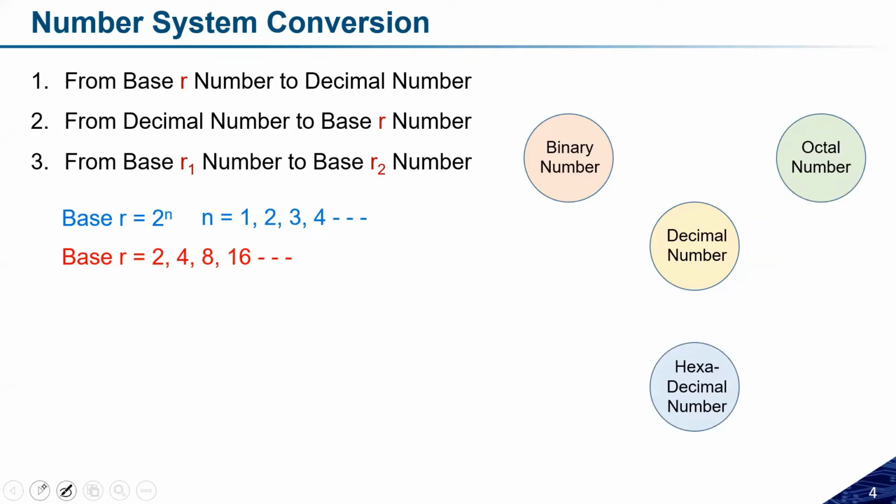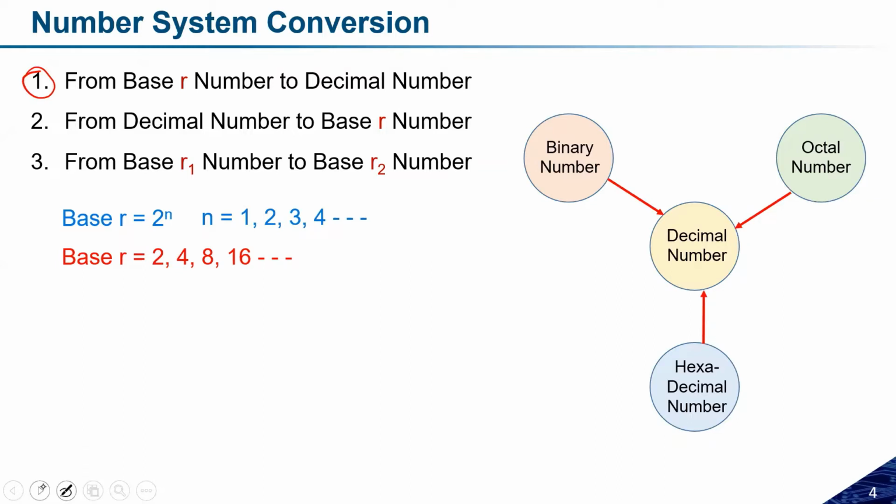Now if I have to convert binary into decimal, or octal into decimal, or hexadecimal into the decimal number system, which is the first condition I have written over here, then how could it be done? Suppose I want to convert binary, octal, or hexadecimal to decimal.